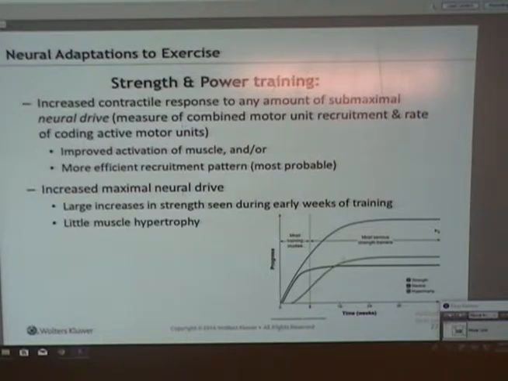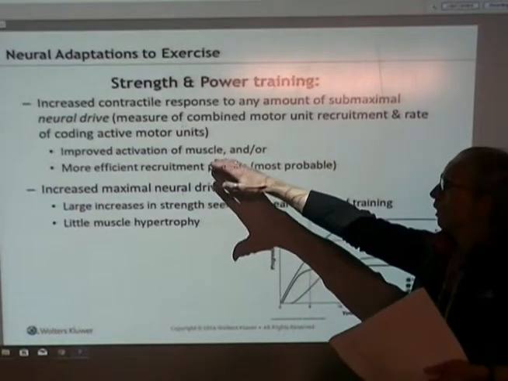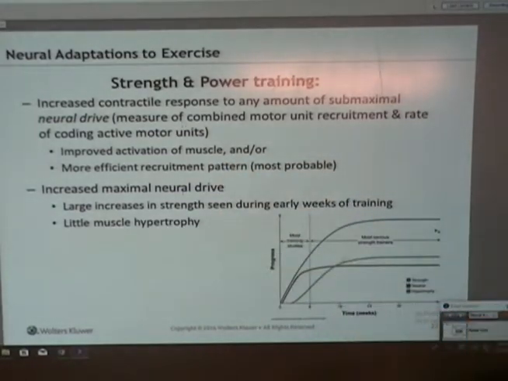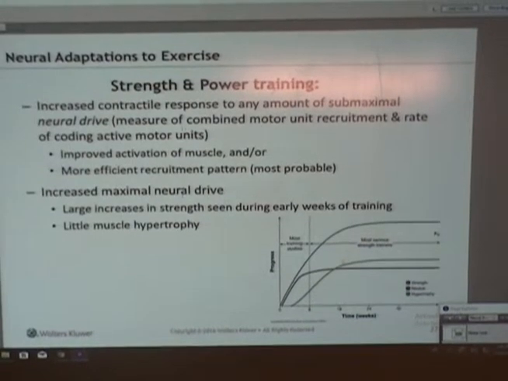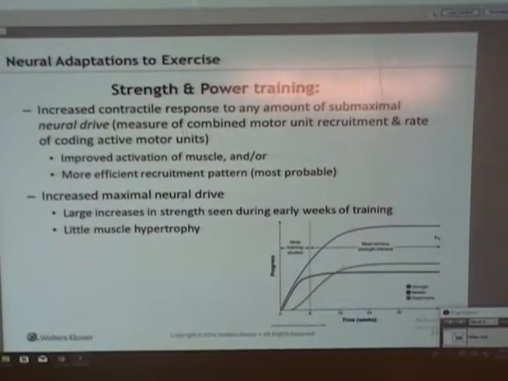So that gives us the possibility of improved activation of the muscle, and probably more effectively is the recruitment pattern. Which motor units do we turn on at any one time?